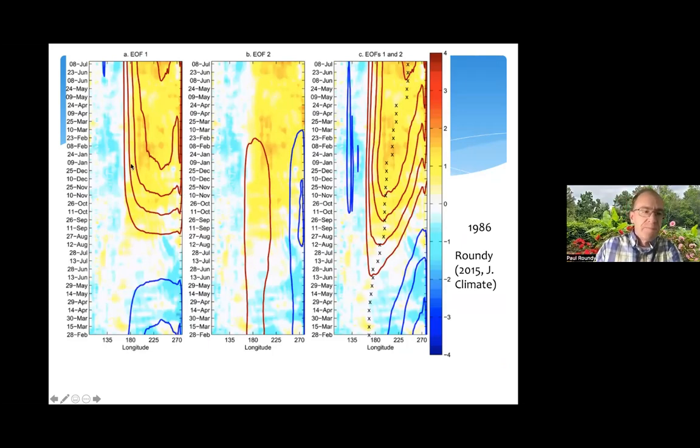In the left panel, the contours represent the first empirical orthogonal function, the first EOF, of sea surface temperature in the East Pacific. And what it says is this area is cold, this area is warm. This is the East Pacific eigenmode of sea surface temperature. Think of it like a seesaw. So either the East Pacific from the dateline east is warm or it's cold, and it goes all the way to the coast with a pretty substantial gradient just east of the dateline. That's what the pattern shows.